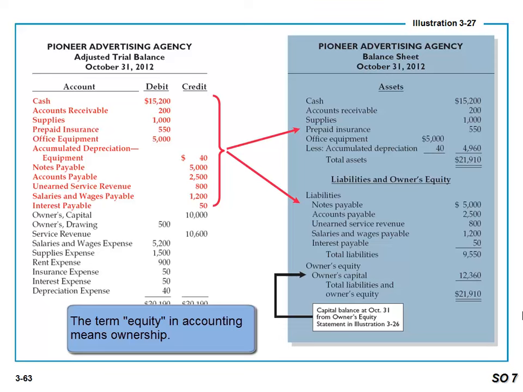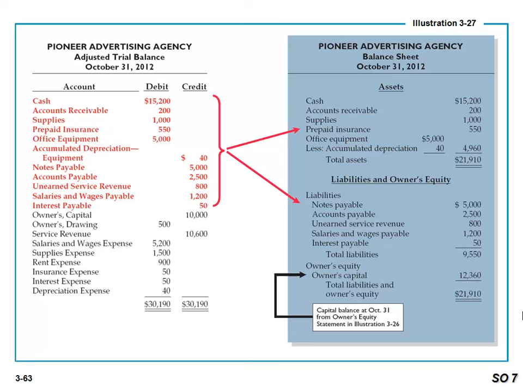By convention, balance sheets generally show assets on the top, liability and owner equity claim positions on the bottom. Wealth, $21,910, and which parties have a claim on that wealth. Creditors to whom we legally owe money, $9,550, and the owner's residual net worth in the business, $12,360.